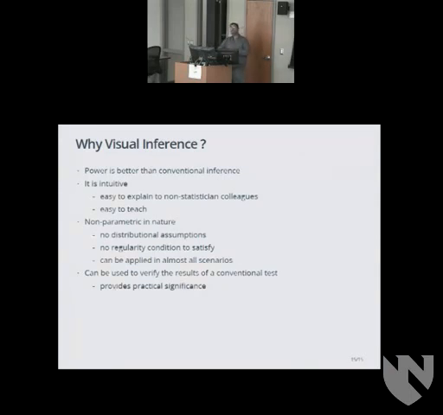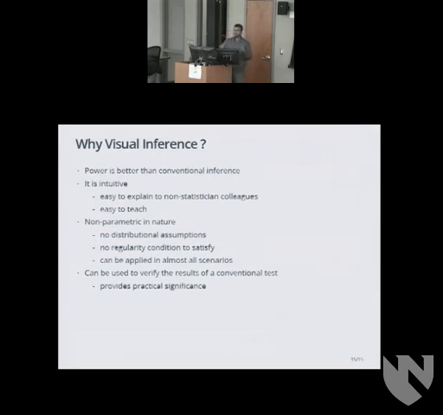So this visual statistical inference method provides us practical significance. The practicality comes from the fact that we are using humans in there. So we are going back from automation to human again, because humans are more powerful than anything that we have used so far. Humans are more powerful than computers. Humans are more powerful than theory.